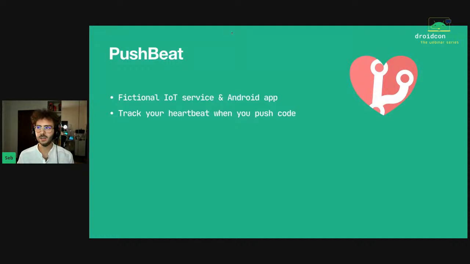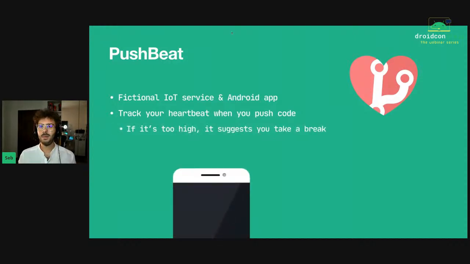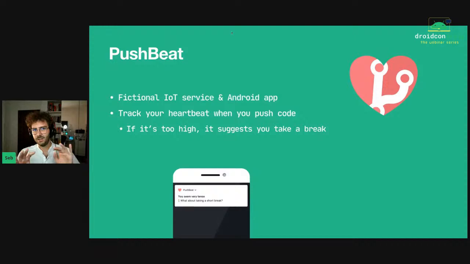And when you push code, the service will tell your Git client, hey, actually, your heartbeat is too high. And if it's too high, maybe you should take a break. Maybe you're just rushing through your code. It's not great.